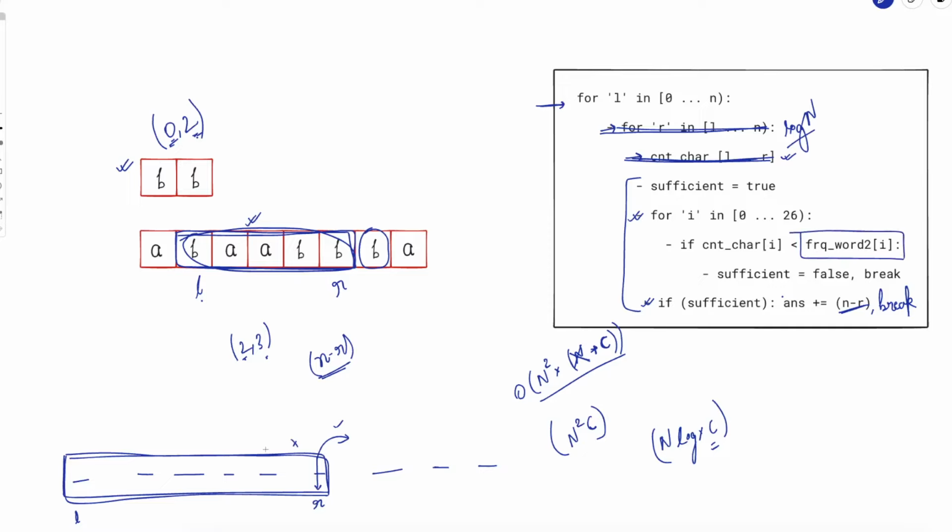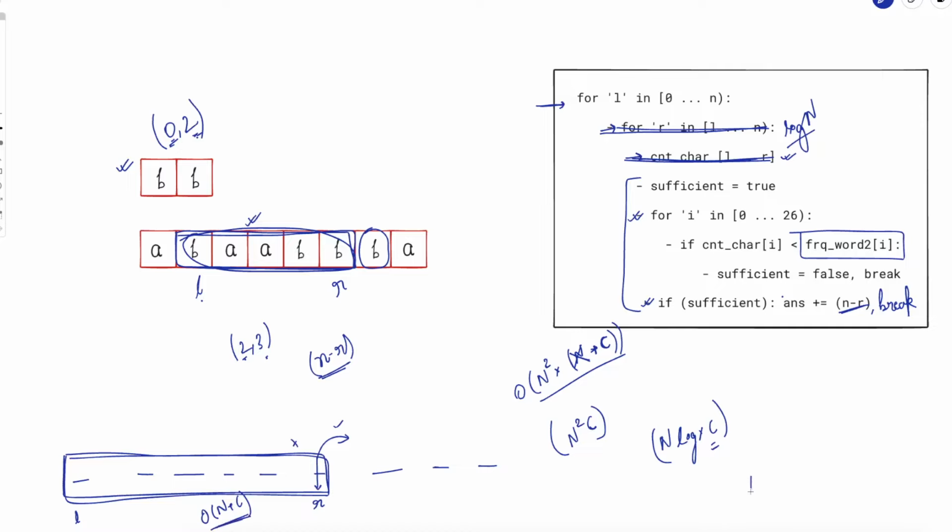Now, if you do this, you will need order n time to just find out the frequency, and then order c time to actually compare as well. So even though you need log n iterations, in each iteration you will be doing this much operation.